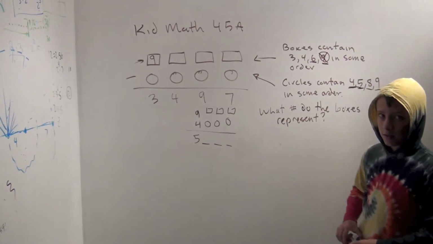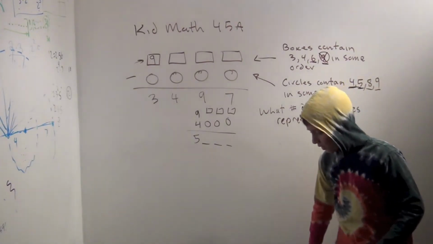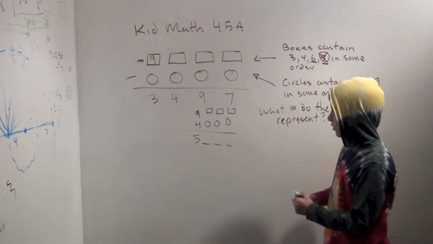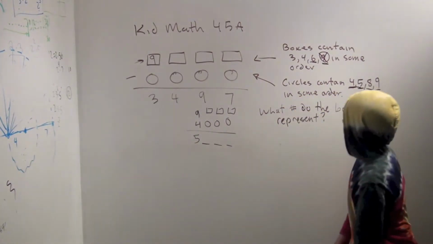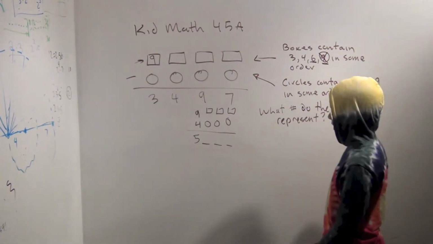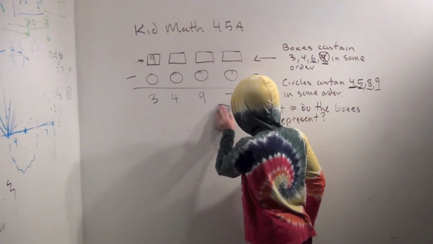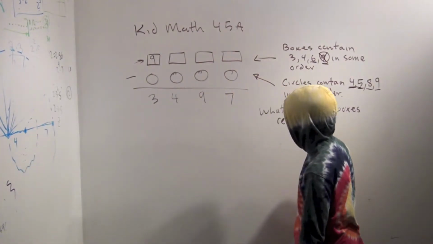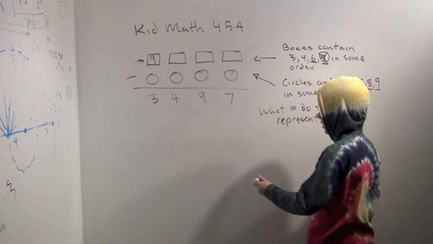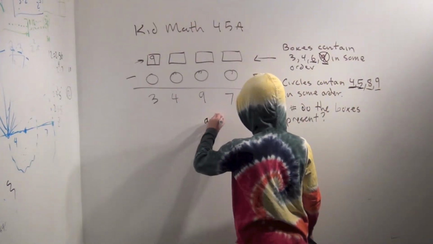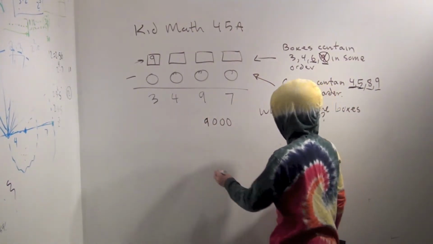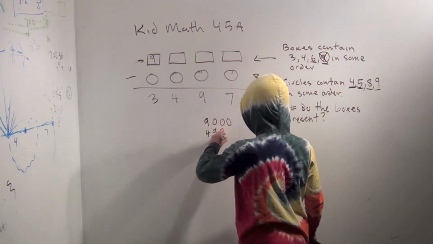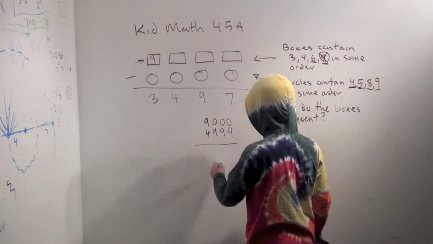Can you explain why that is? Because that's really critical for this. If you have the smallest possible on the top, 9,000, minus 4,999, what's that going to be?